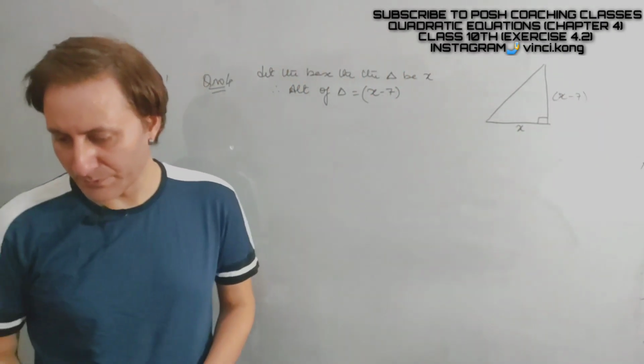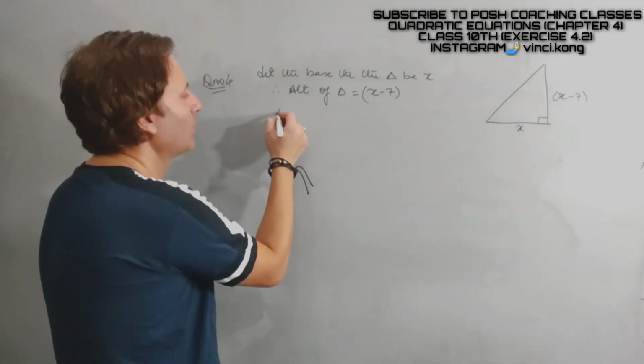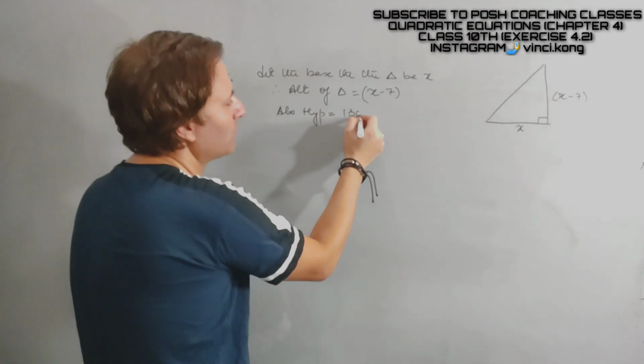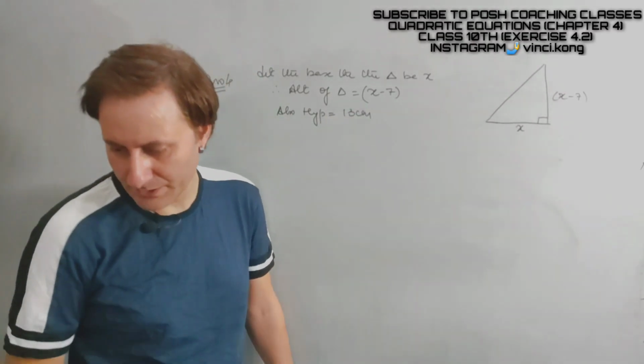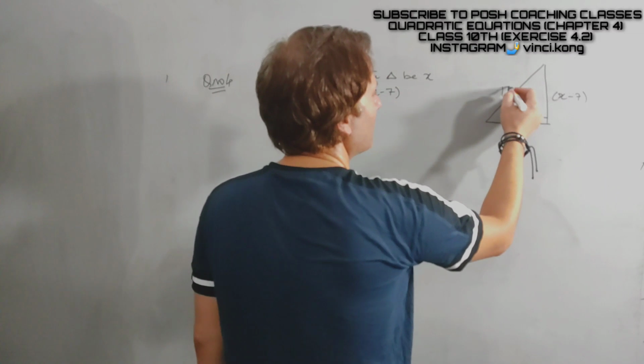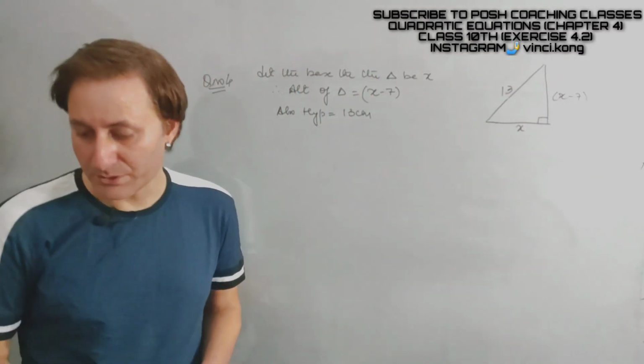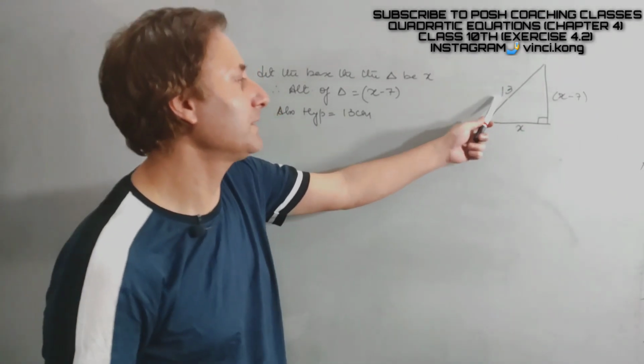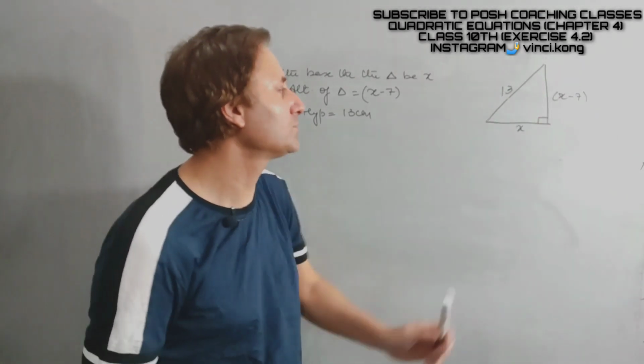Anything else given? Yes, the hypotenuse of the triangle is equal to 13 centimeters. Now, what are we supposed to find? Find the other two sides. So we have been given this side, so we need to find these two sides.